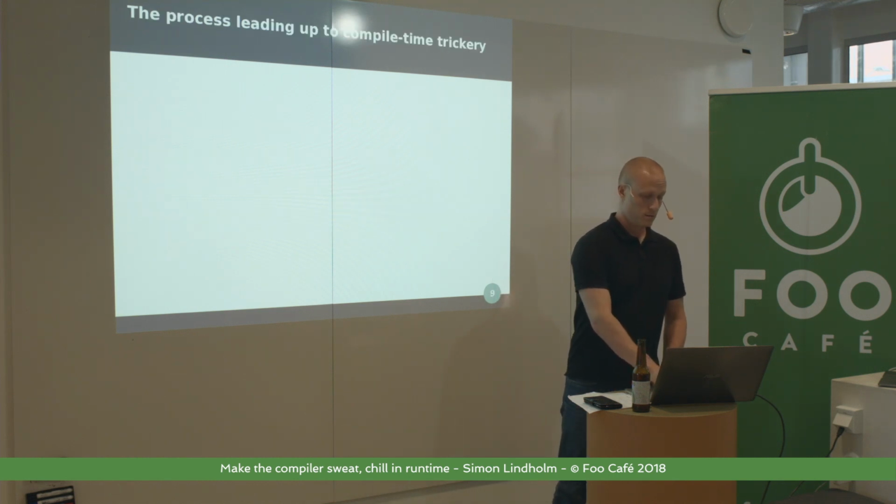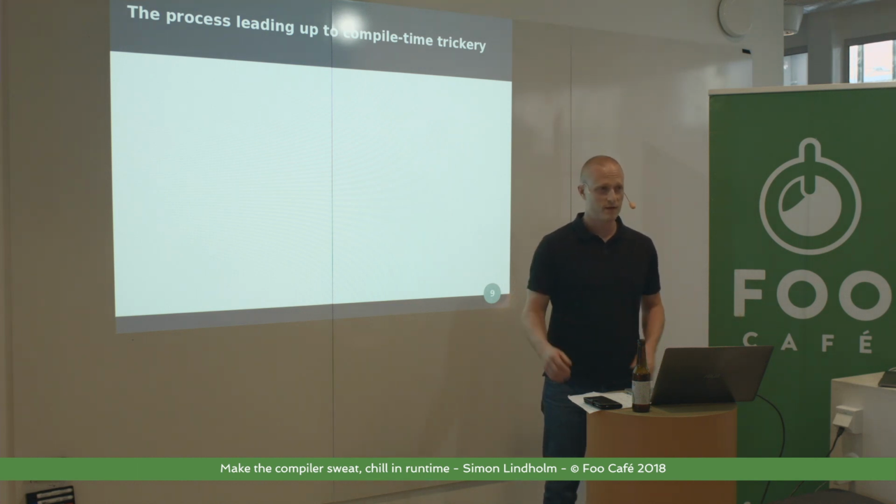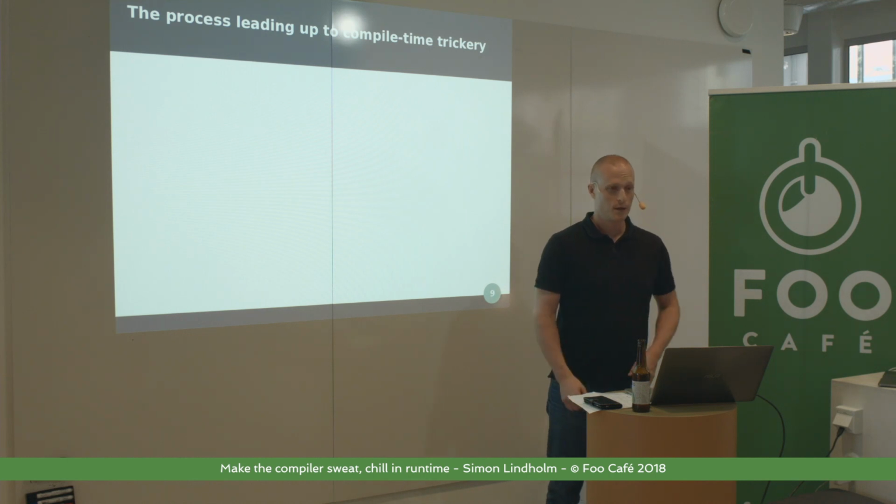In any case, the talk is basically about doing stuff in compile time, and it's really just me going through a few examples of things I've come up with in different projects, which I thought were cool.